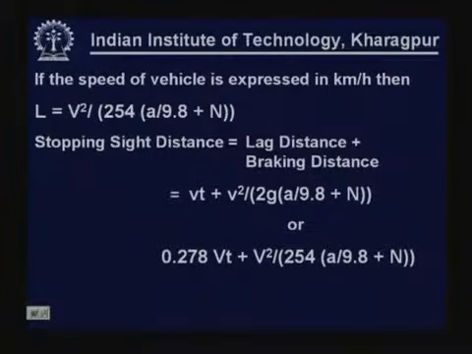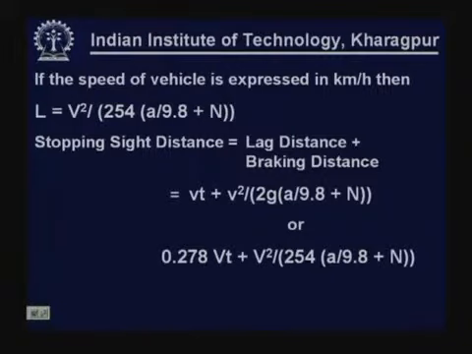Now, again if the speed is expressed in kilometers per hour, then the equation will be L equal to V square by 254 into (a by 9.8, which is the value of g, plus n).